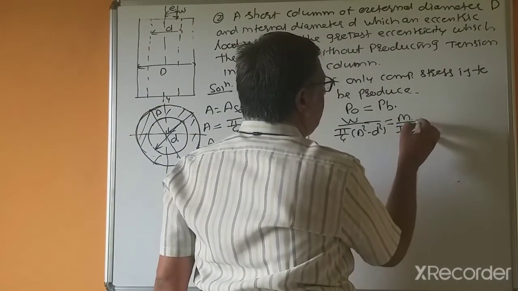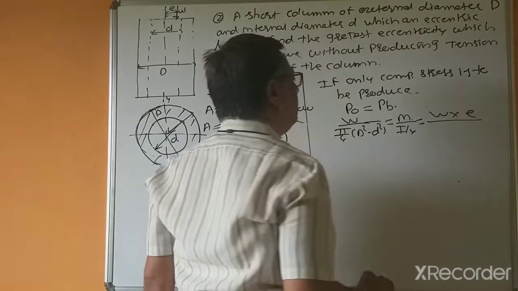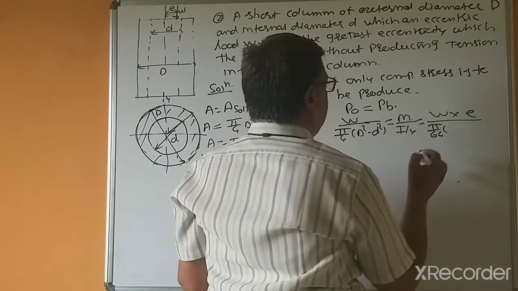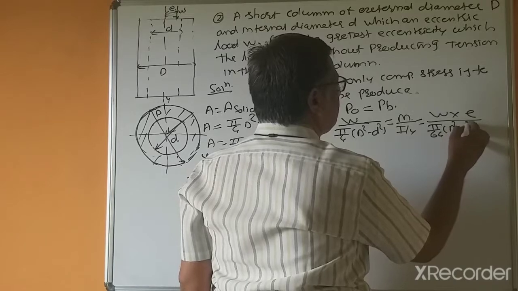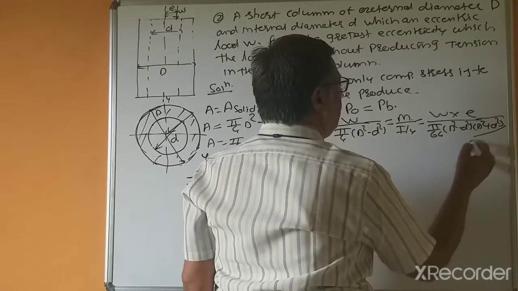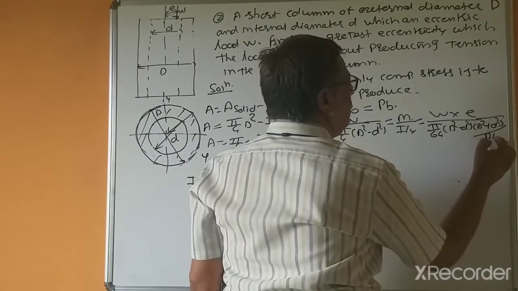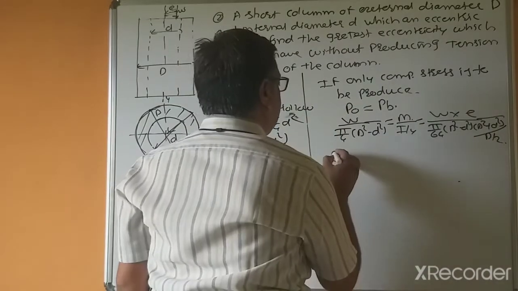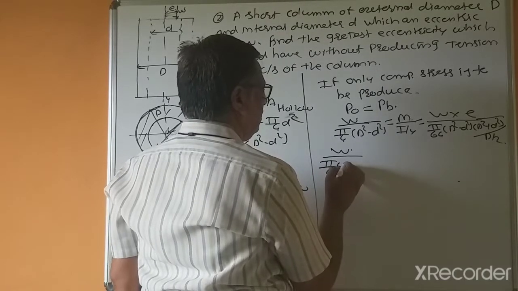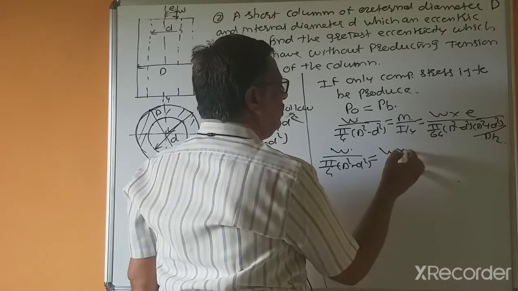M divided by I times Y, M equal to W multiplied by E, I is pi by 64 times capital D squared plus small d squared times capital D squared minus small d squared, and Y equal to capital D divided by 2.